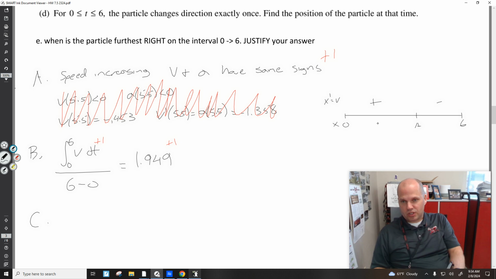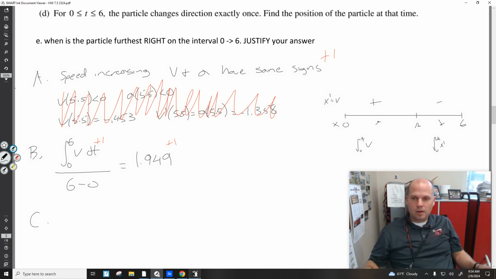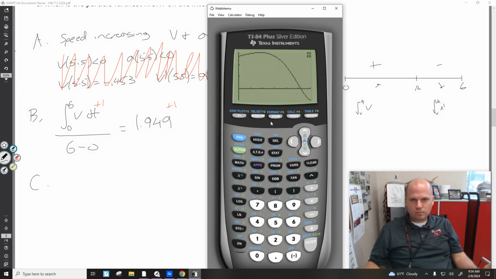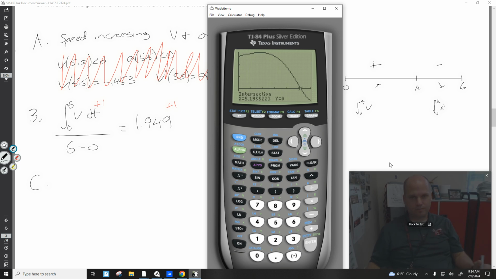That means your position is increasing, decreasing. You're probably thinking about finding these displacements, these accumulations of your derivative. This is the same as that, so I'm just writing both ways. You could find all this stuff.